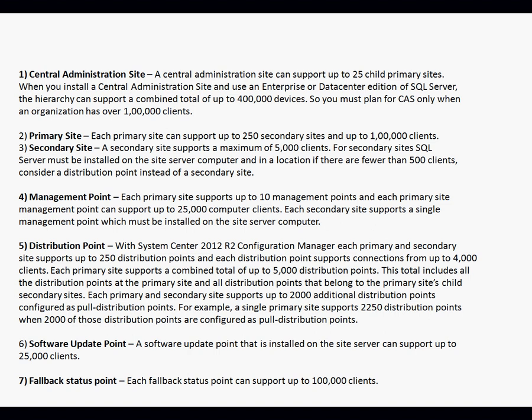Central administration site comes into the picture when you have more than one primary site server. Then only the central administration site comes in. Or when you have a very big organization like TCS or IBM, wherein you have more than 100,000 clients all over the globe. If the number is higher, then only you need a central administration site.